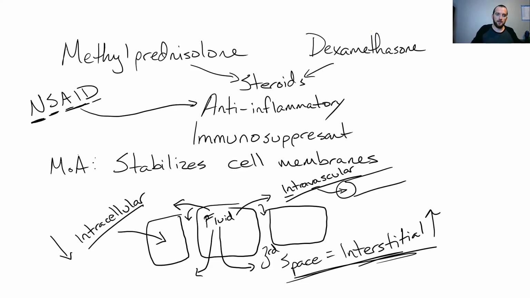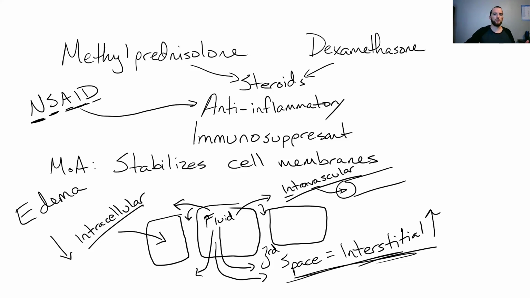That's what we call edema, the tissue is swelling. That swelling is happening because fluid is seeping out of the cells into the tissue, into that third space, and that's causing that tissue to start swelling.